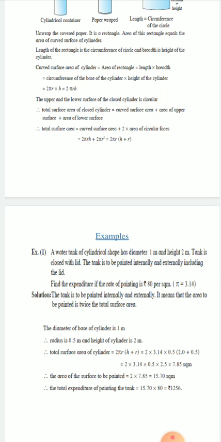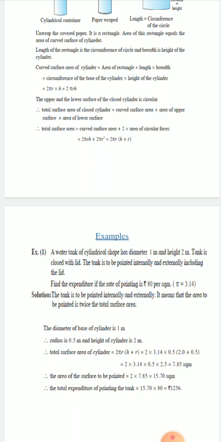So for 1 square meter there is 80 rupees. We simply have to calculate for 15.70 square meter how many rupees. The total expenditure of painting the tank is equal to 15.70, which is the total area including internal as well as external surface, into 80.